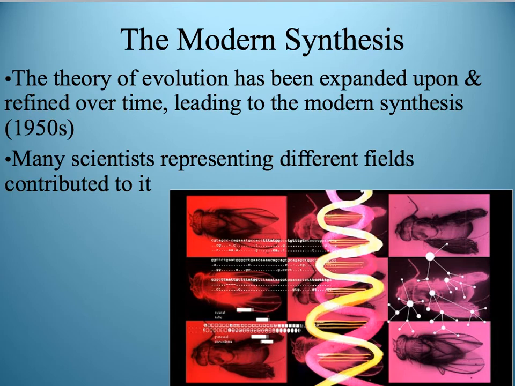And all the scientists came together representing these different fields and contributed to this idea of modern synthesis. Julian Huxley was really the first to invent this term, but it's also been called other things such as new synthesis, evolutionary synthesis, things like that. And that's now what we coined the term modern synthesis instead of natural selection. So just a quick background there.